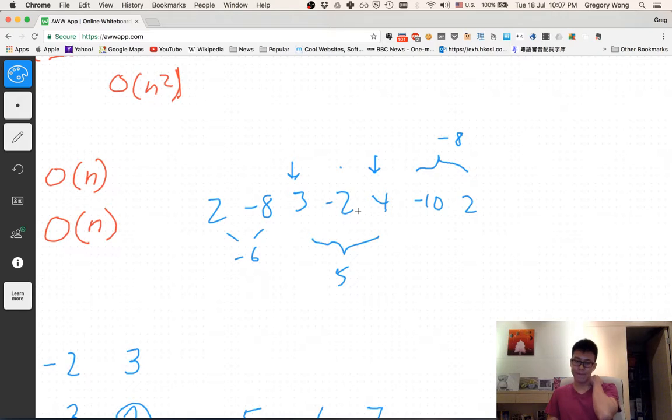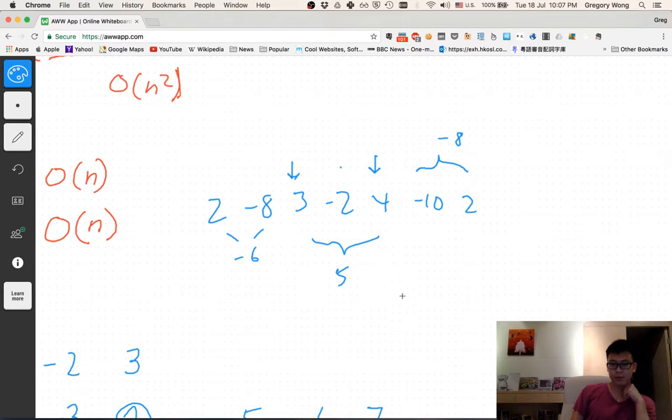But here I sort of did something that wasn't very well defined. Once I found a positive pair, I didn't discard it. Okay. I guess I'm gonna generalize it.